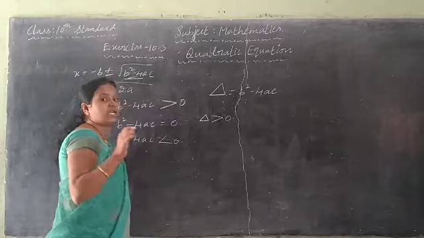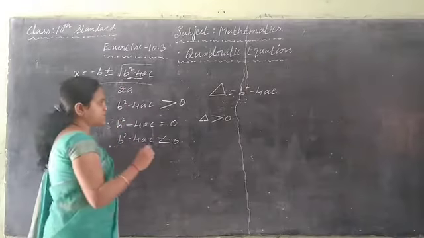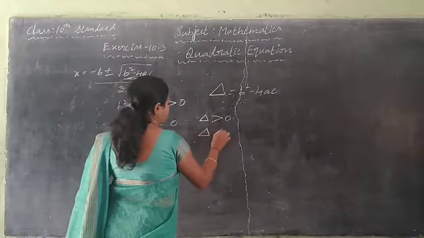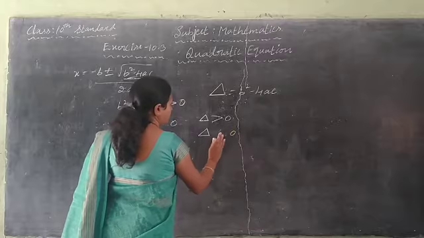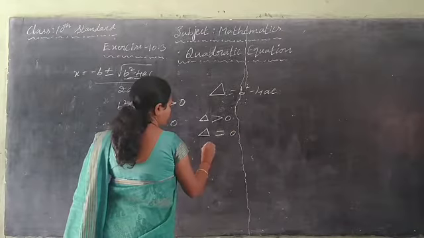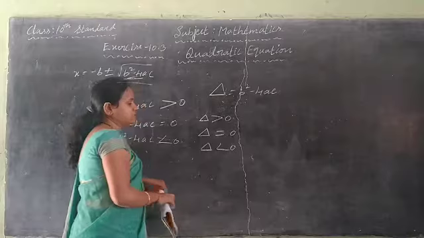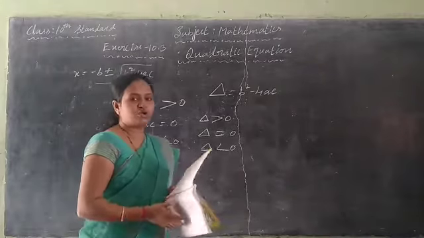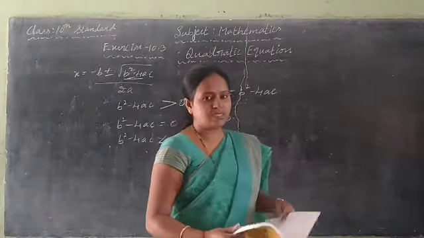What will be the nature of the roots? In the same way, if delta is equal to 0 and delta is less than 0, what will be the nature of the roots? That we are going to study, children.